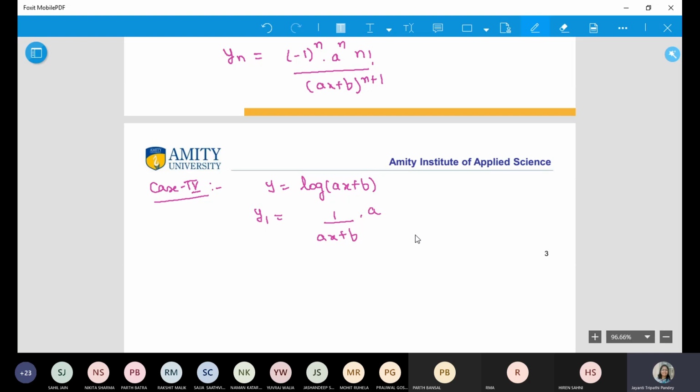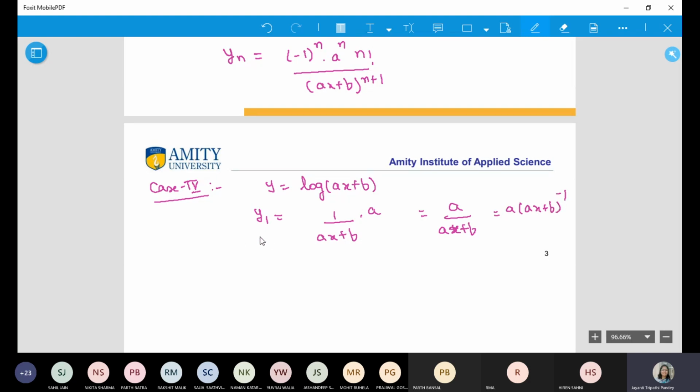Is this fine? Yes, ma'am. Now you can write it as a into (ax plus b) to the power -1.